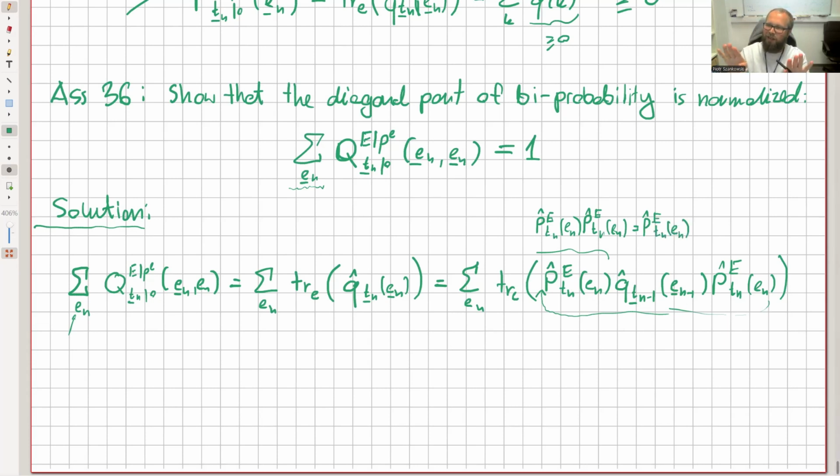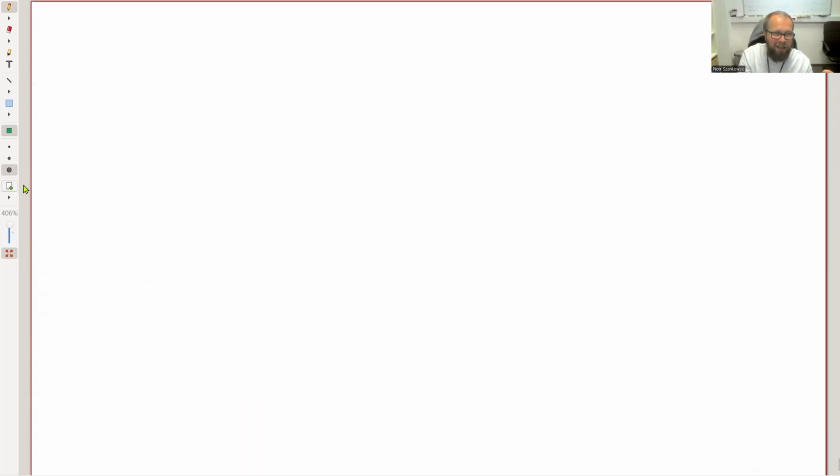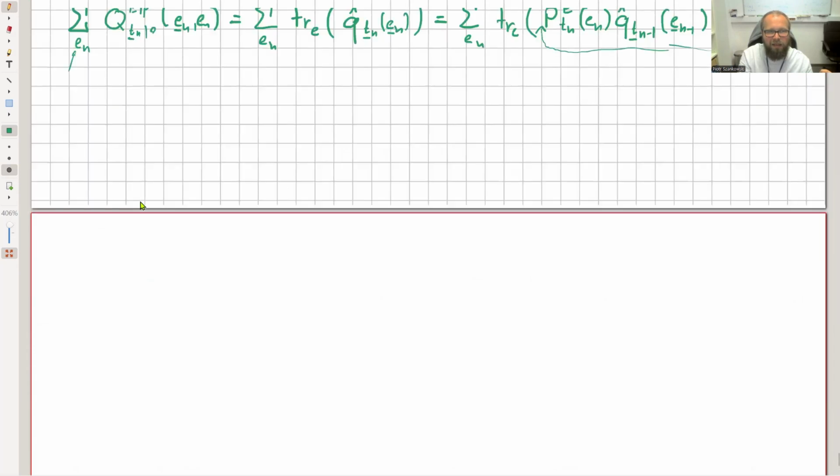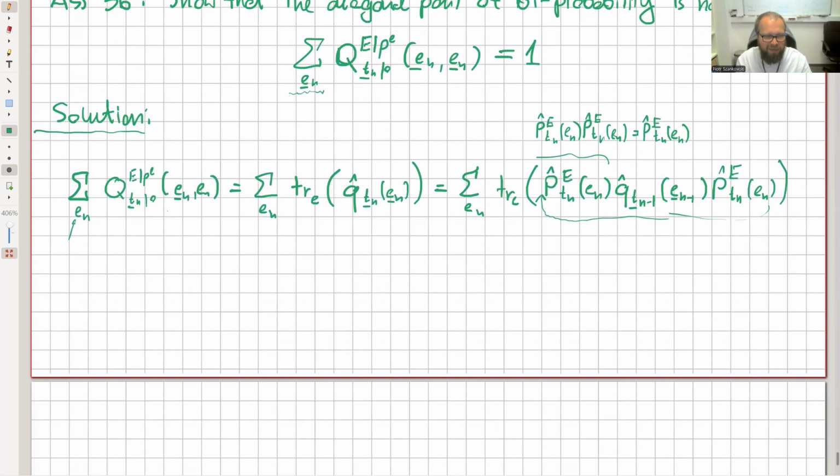So, two projectors: move one using the cyclic property of trace to here, multiply with the other projector, and they compact into a single projector. And now we enter the sum: trace E, sum over En, PE Tn En. This compacted projector, the last projector, is the only thing that depends on the last argument.